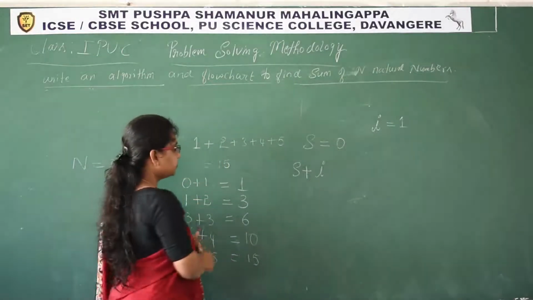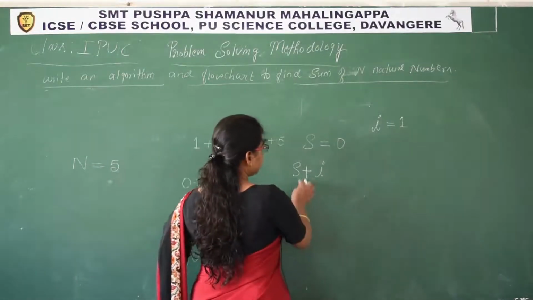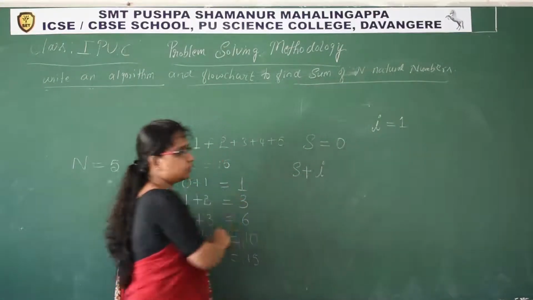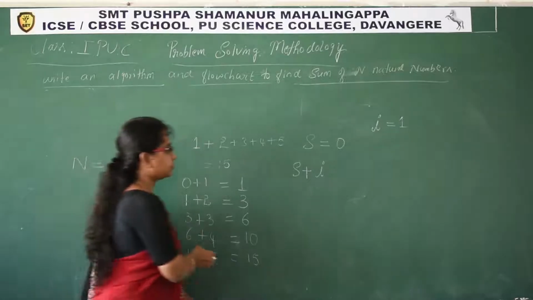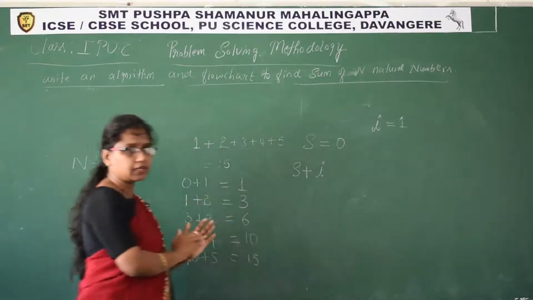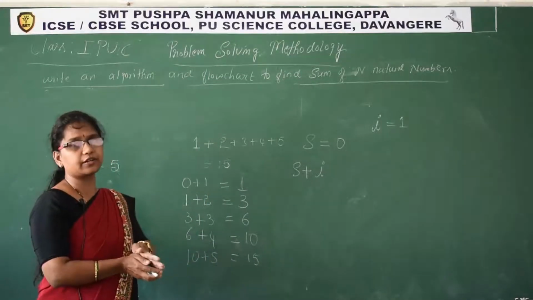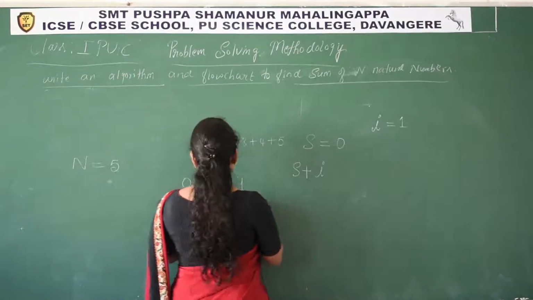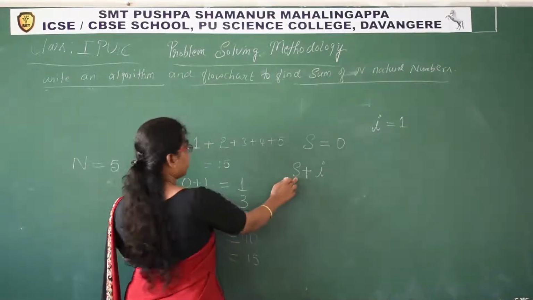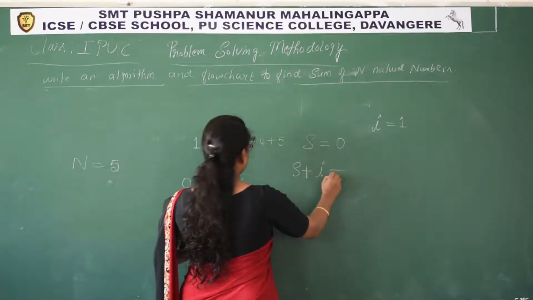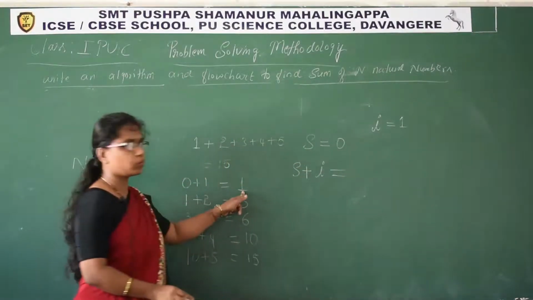So in an algorithm there is a procedure. After calculation the result has to be stored in a variable, that is the left hand side, where that result has to be stored, because that result will be the addend of the next iteration, one of the addends of the next iteration. If I write like this, s, instead of 0 I have taken s, instead of 1 I'll take I, is equal to, what is the result? 1.